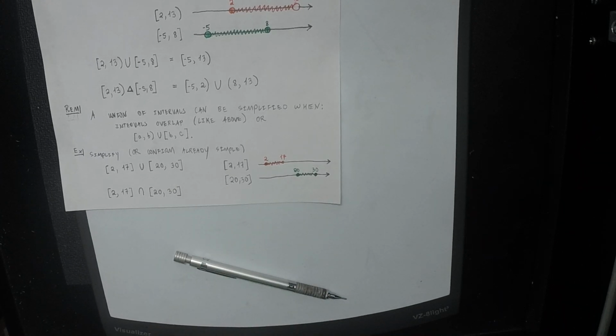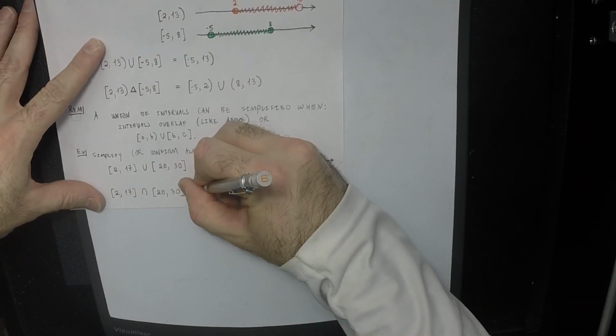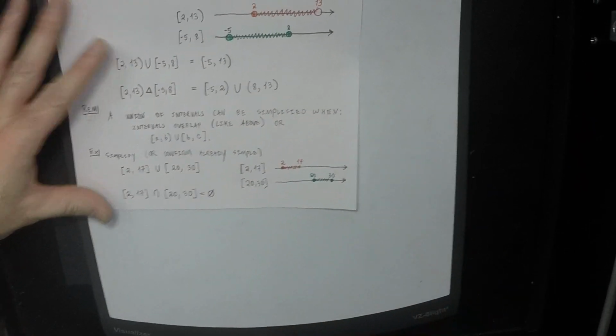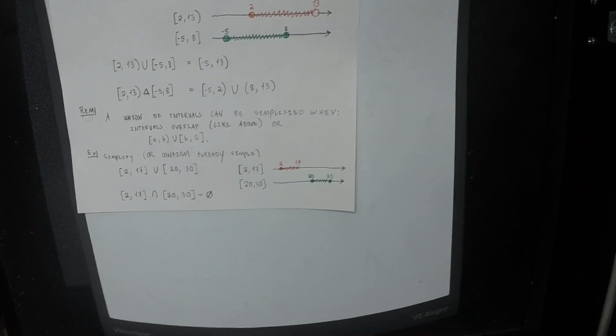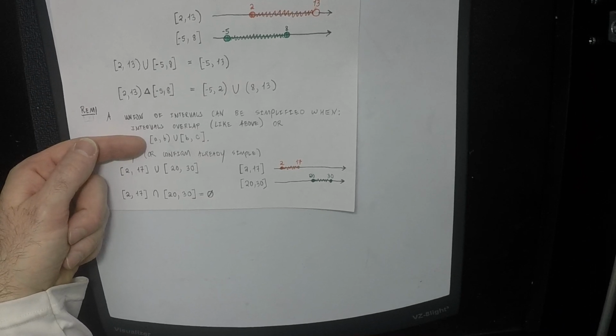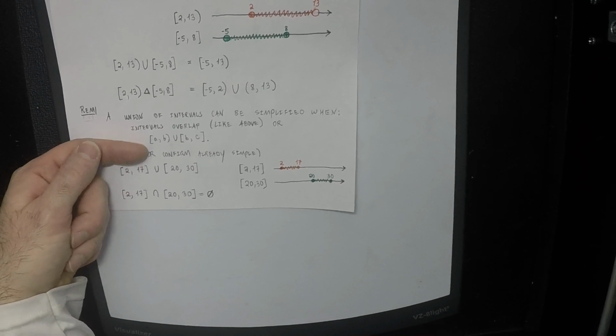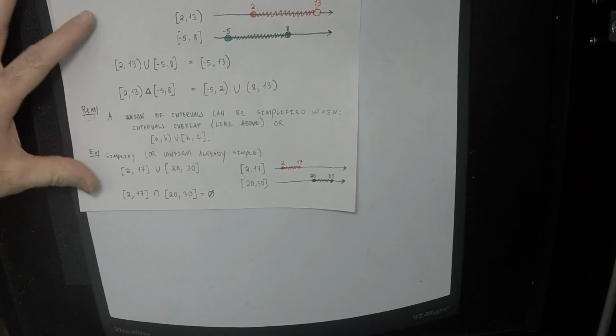Right, so there are no points that are both red and green, so the intersection is empty. And these intervals are not overlapping, and they also don't have this property, that it's like one single interval that was cut at B, and B was given to just one, but not the other. As a result, this is already simple.